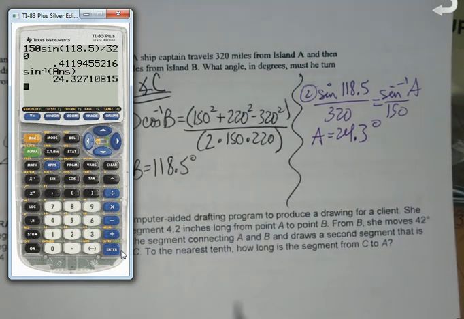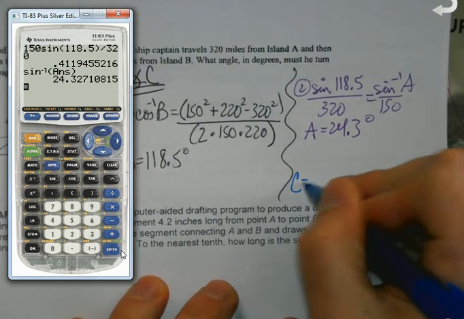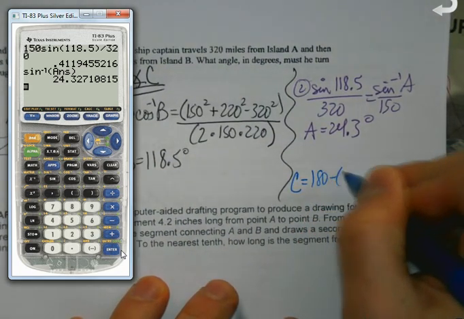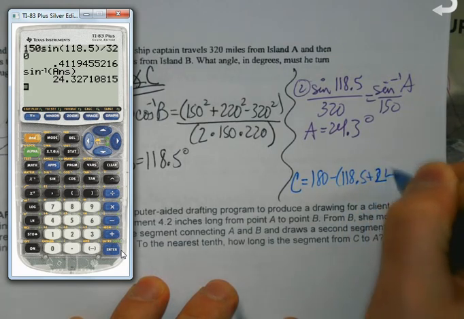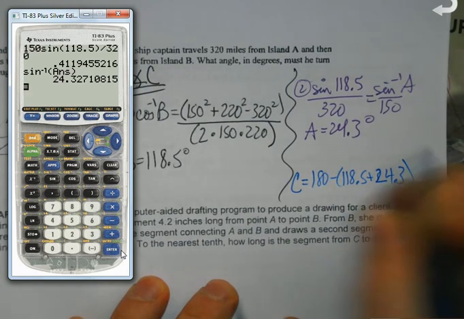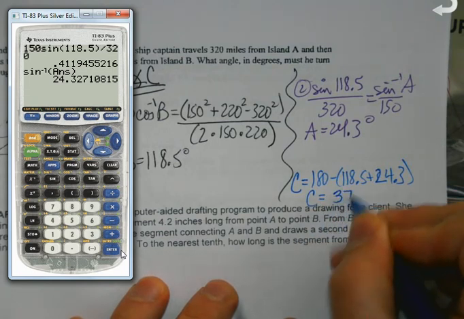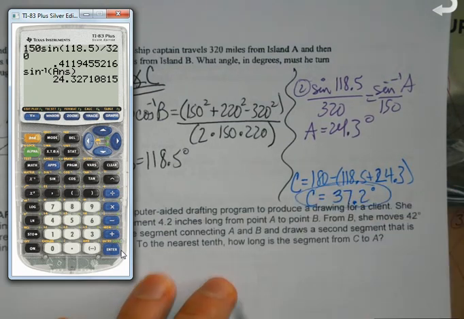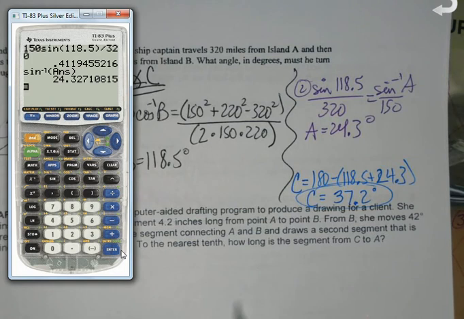And we finally get to finish up, because C is just 180 minus the other two. C ends up being 37.2. So again, don't flip out.